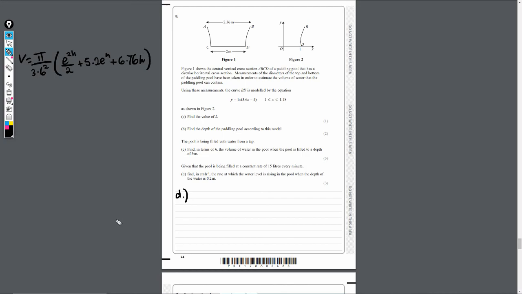So now I just need to differentiate this. If I differentiate this, we're going to get dV by dh. Now, what I actually want is dh by dt.